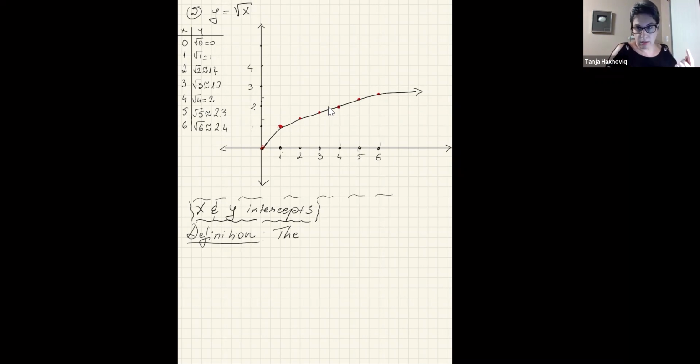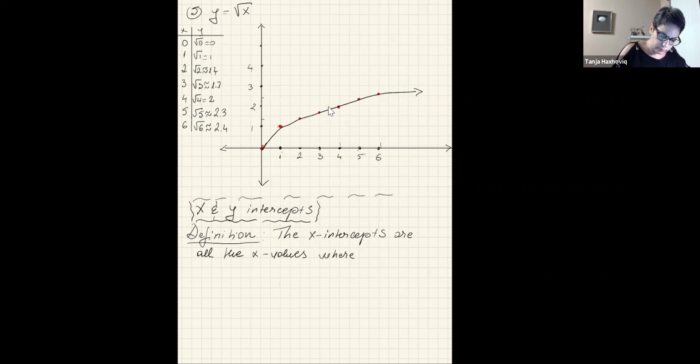It's not only one x-intercept that the graph might have. So the x-intercepts are all the x values where the graph cuts the x-axis.